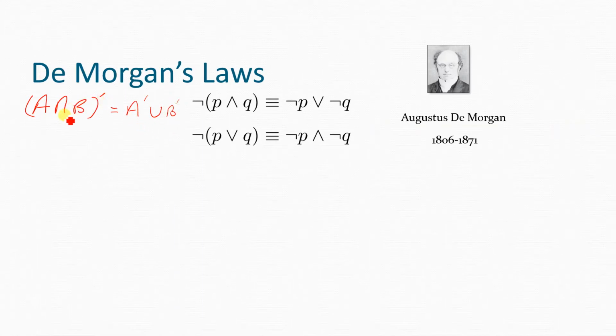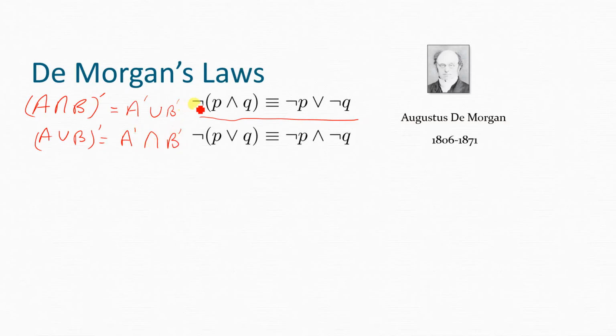So in logic, these laws are transformed into this statement. Similarly, the other law of De Morgan is A union B complement is equal to A complement intersection B complement.